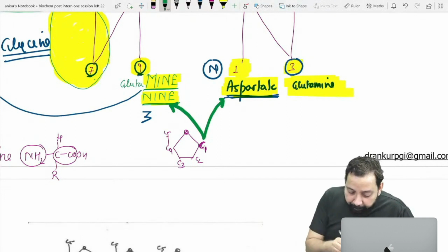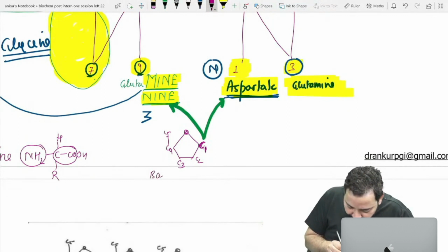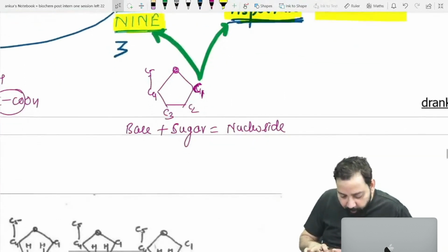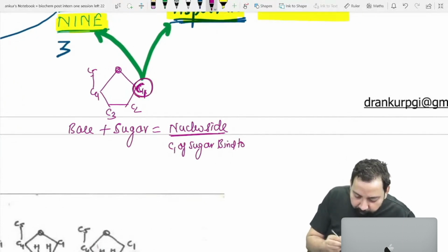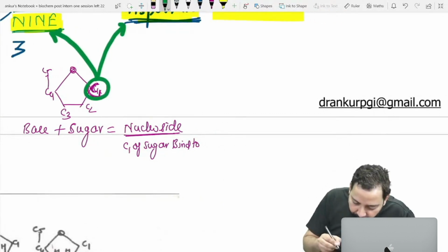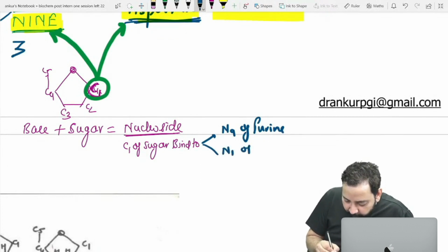Base plus sugar is nucleoside. In a nucleoside, C1 of sugar binds to N9 of purine, N1 of pyrimidine.